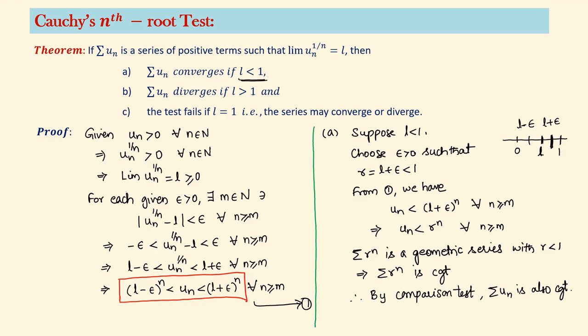If L is less than 1, the series is convergent. Now we have to look at case 2. If L is greater than 1, the series is divergent. Now case 2, which is suppose L is greater than 1. So we have to show that the series is divergent. So what was our condition there actually?